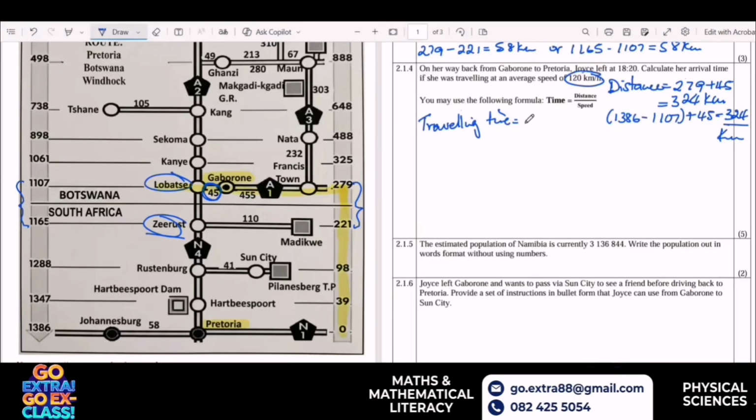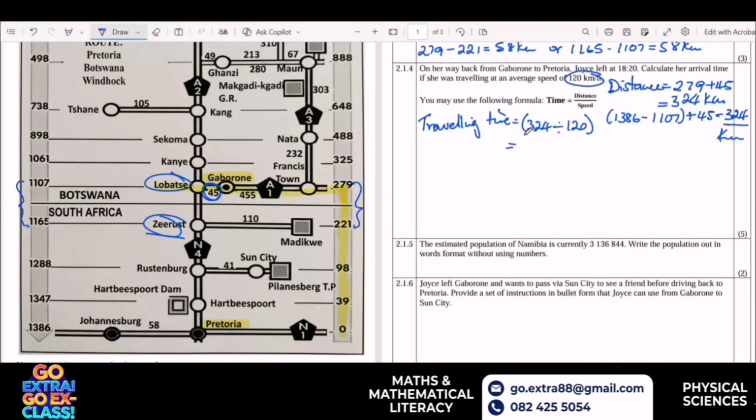How much is our distance? It is 324 divided by the speed, which is 120. So therefore, it will give us.